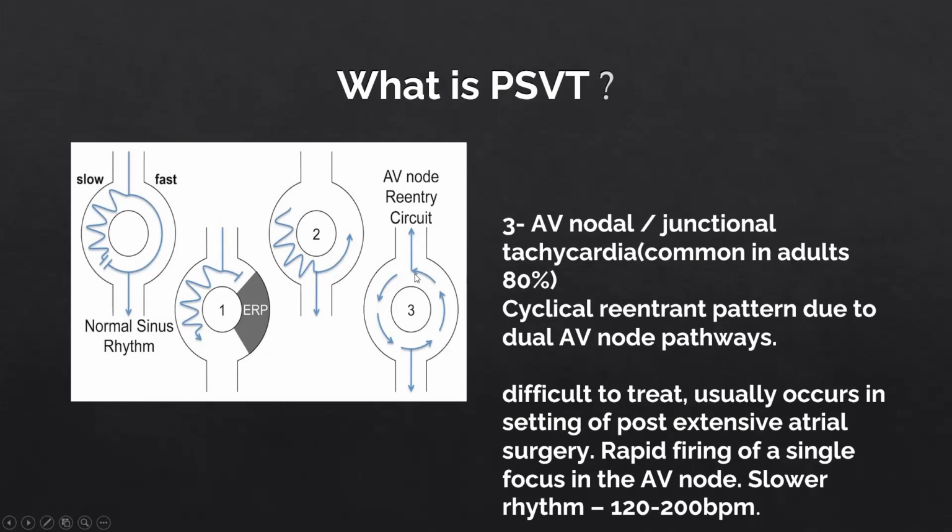It is difficult to treat and usually occurs in the setting of post extensive atrial surgery or rapid firing of a single focus in the AV node, with a slower rhythm of 120 to 200.